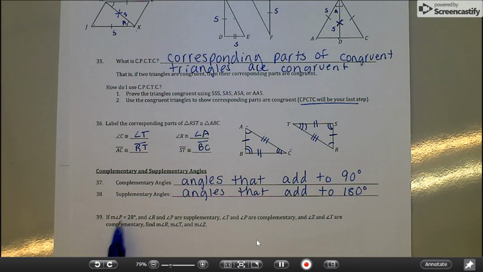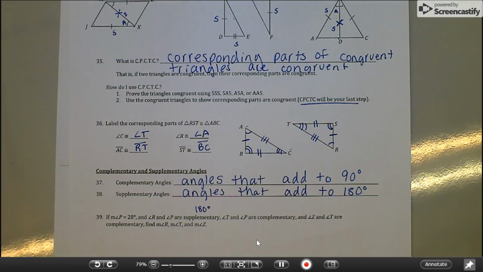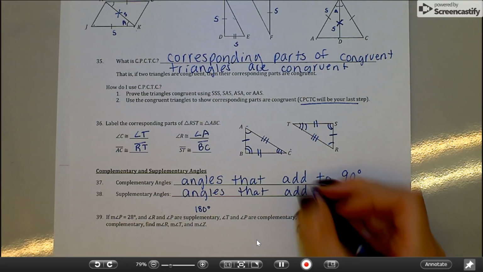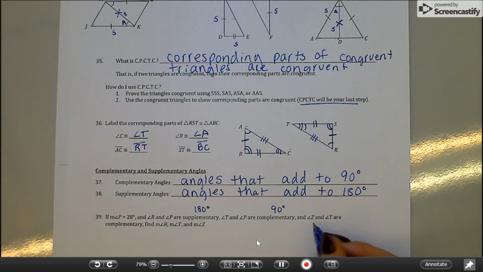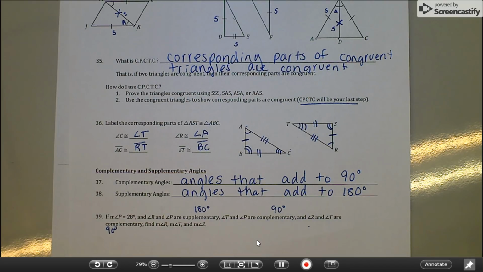Okay. And the last one of this page, it says if the measure of angle P is 28 degrees and angle R and angle P are supplementary, meaning they add up to 180, angle T and angle P are complementary, add up to 90, and angle Z and angle T are complementary, again, add up to 90. Find each of these measures.